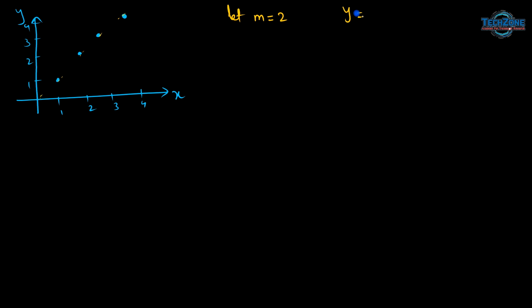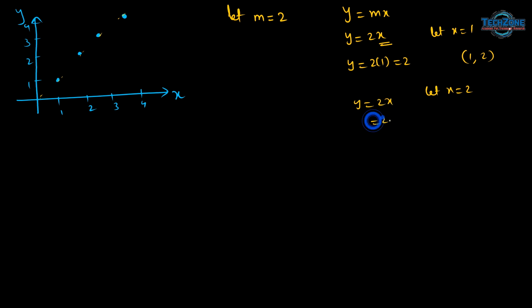See, y is equal to mx, right? So we have y is equal to 2x because m is equal to 2. So if you substitute random values of x, we'll get the values of y. Let us say x is equal to 1. So what will be the value of y? 2 multiplied by 1, it will be equal to 2. So (1, 2). If you take x is equal to 2, what is y? y is 2x. So it is 2 multiplied by 2, it will give us 4.